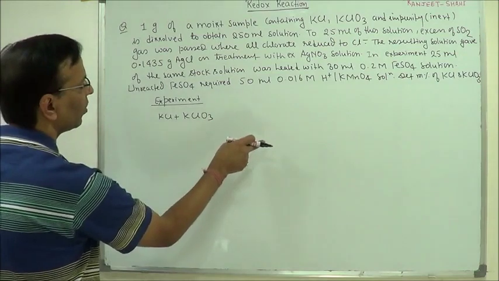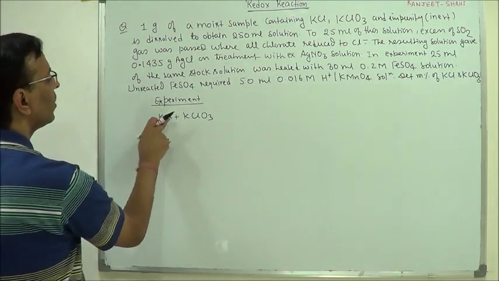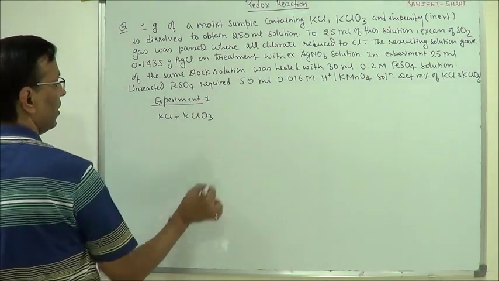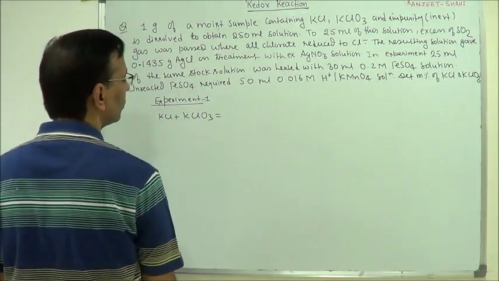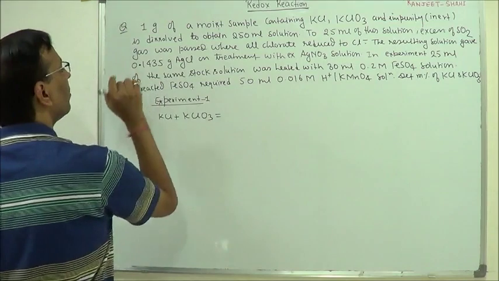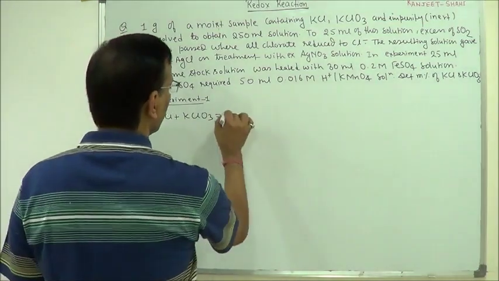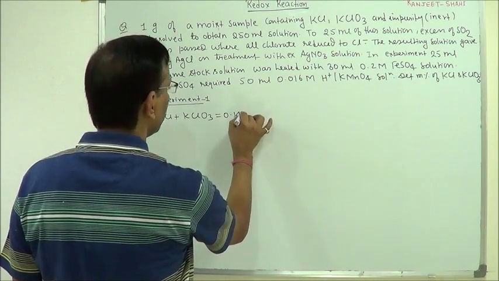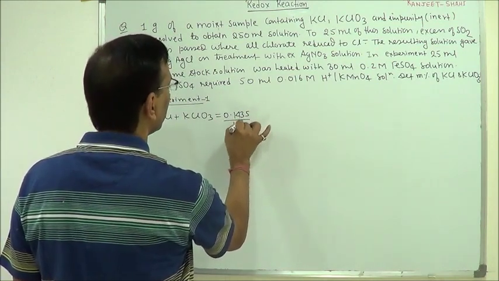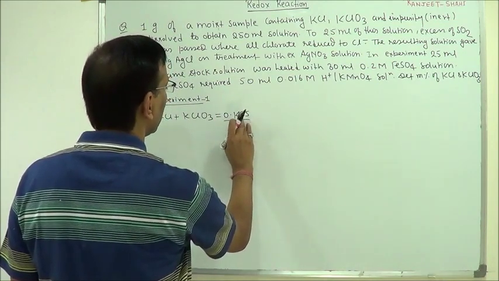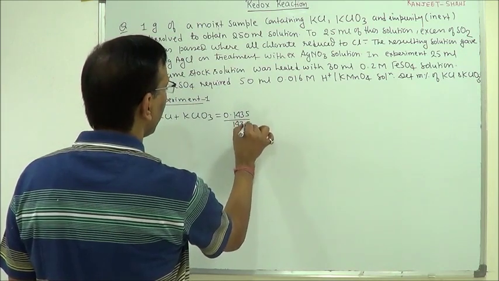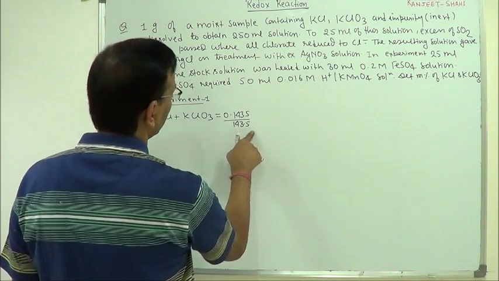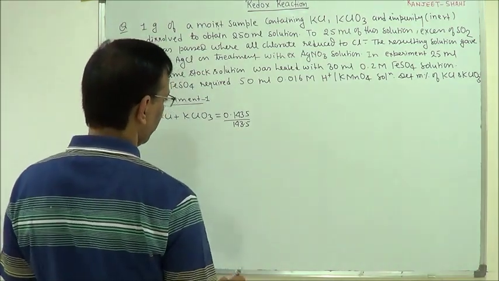So total mole of chloride will be equal to sum of the moles of KCl and KClO3 in first experiment, and that is equal to moles of silver chloride, and moles of silver chloride is 0.1435 divided by 143.5, it is molar mass of silver chloride, 108 plus 35.5, so 143.5.